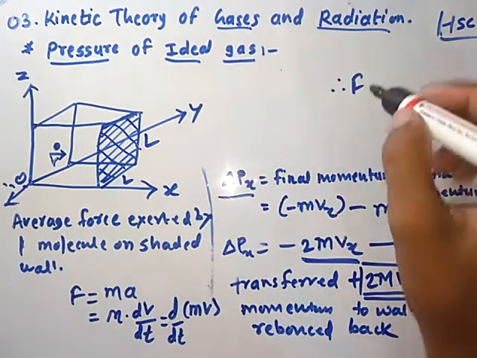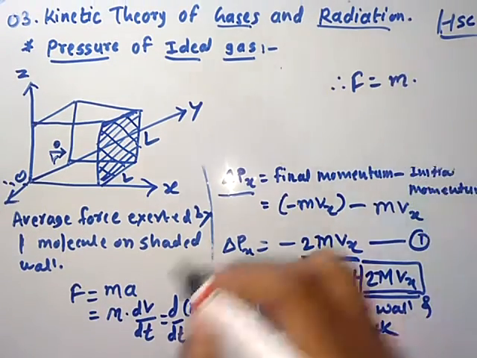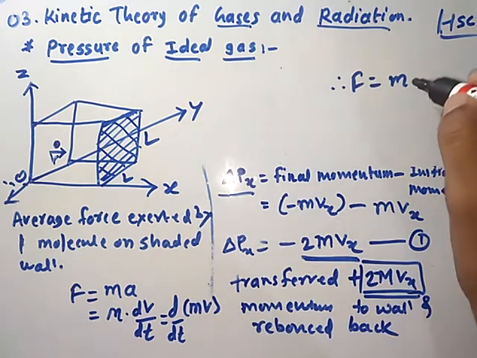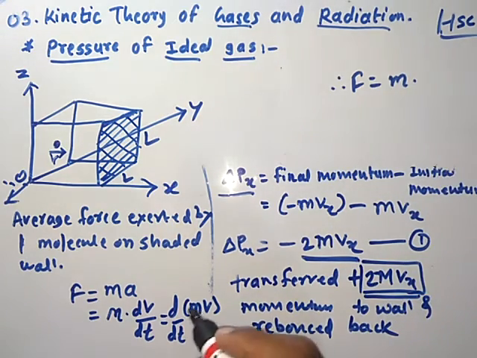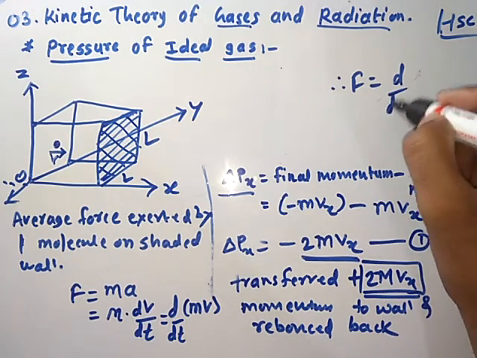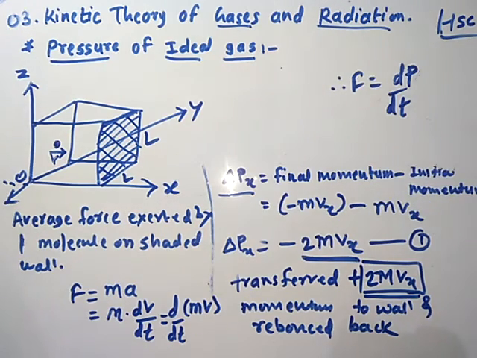Therefore force becomes F equal to, since mass is constant, a constant quantity is taken out of the derivative, dv by dt. But here this quantity is momentum, so we can easily write d by dt of momentum.